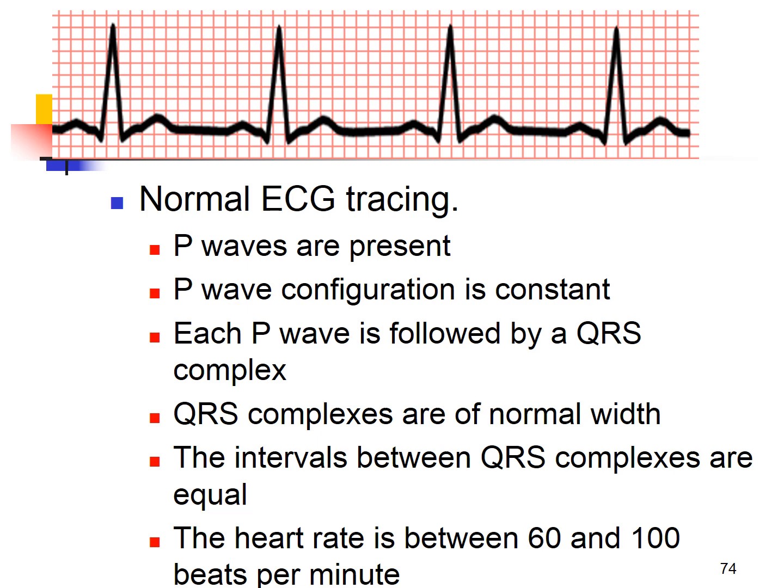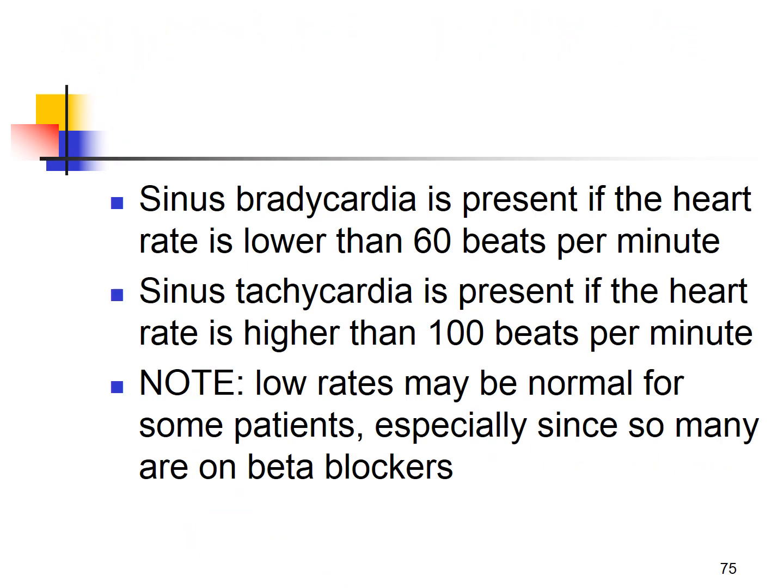So normal tracing. You're going to know it's normal because the P wave is there. The P wave configuration is constant. Each P wave is followed by a QRS complex. Each complex is normal width. The interval between the QRS complexes is equal. The heart rate is between 60 and 100. So that's why it's called normal sinus. Next slide.